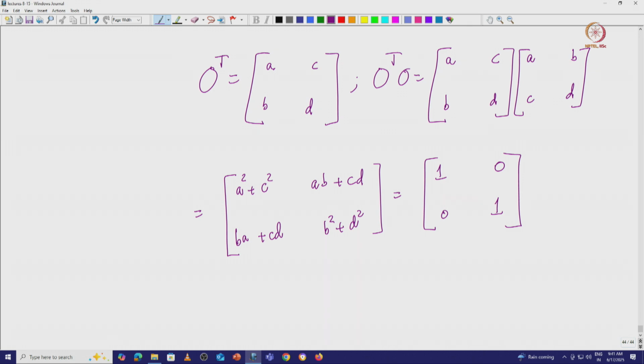So, how many elements did you start with? The number of free parameters was equal to 4: A, B, C, D, assuming A, B, C, D are real.